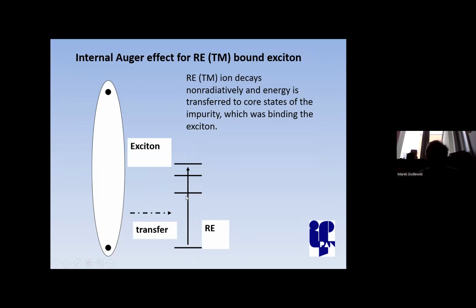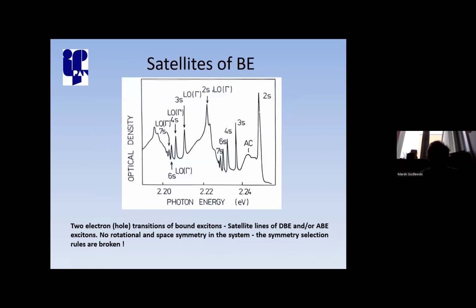So it will be something like a bound exciton, and it can pass energy very efficiently to rare earth ions. This would explain why we can have such efficient pumping of energy and then recombination under band-to-band excitation.